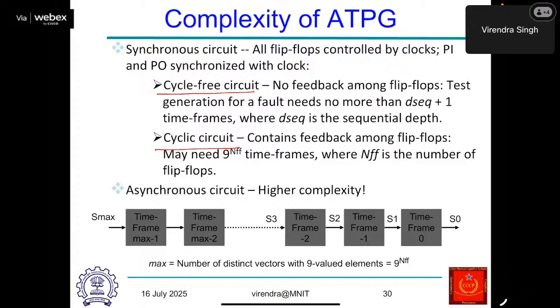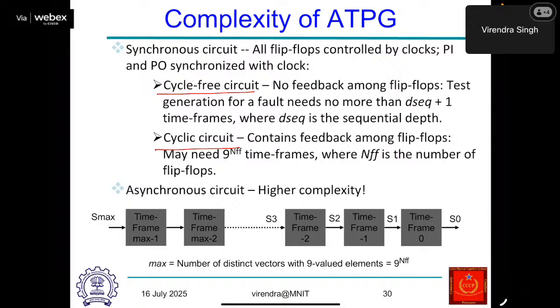When you pass some primary input, after a while it will reach the primary output, and there is no feedback involved, and hence that kind of circuit is a cycle-free circuit. Most of the controllers are circuits with cycles.